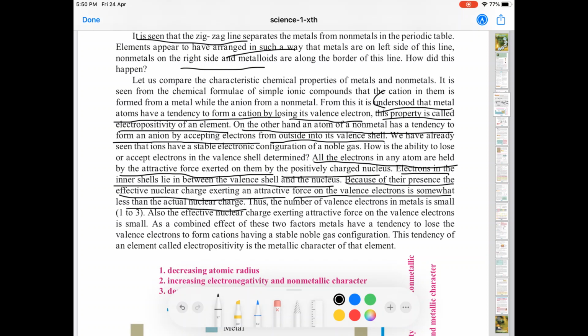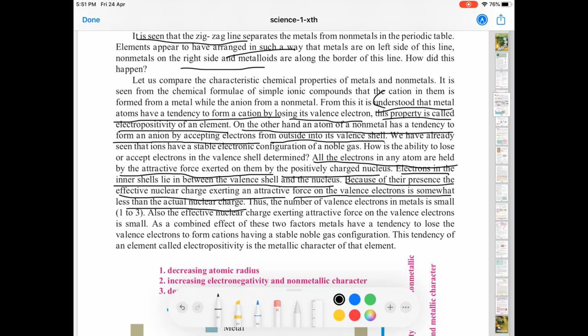Yes, this is one interesting point which has been mentioned here. Because of the presence of the electrons between the outermost valence shell and the nucleus, the effect of the nuclear pull on the outermost electrons is somewhat reduced.